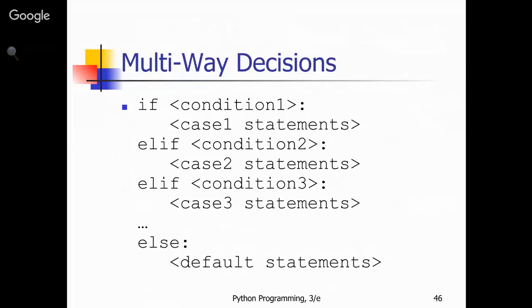You can have an else there, and then instead of just being unclear what's going on, you can say invalid grade, for example. Okay, so let's take our first break, and then when we come back, we're going to do a couple examples using multi-way decision making with Python.